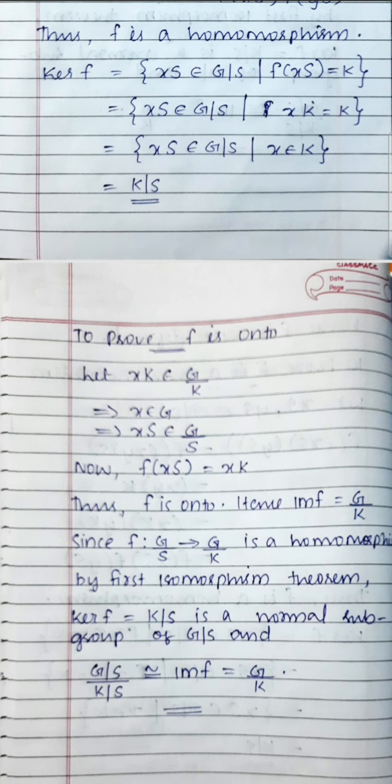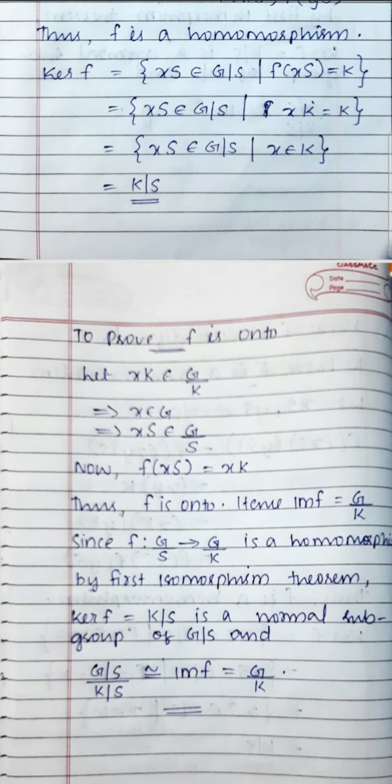We took an element in the codomain, so correspondingly I have an element in the domain, xs, which belongs to g by s, and the image of that element is nothing but xk. So hence f is onto. So we have proved homomorphism, one-to-one and onto, and also the function is well defined.